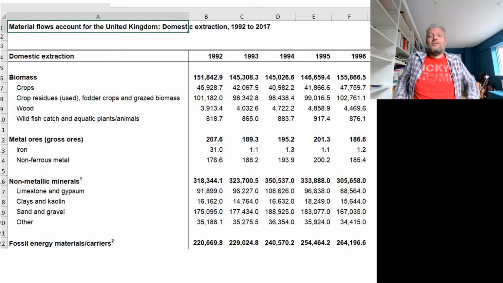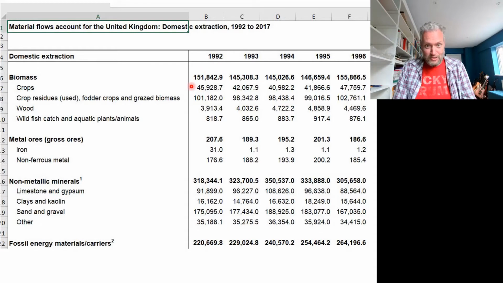The environmental accounts also contain the so-called material flows account, which is essentially an input-output table, but now in tons of stuff. Not measured in money, it is measured in tons. So if you look at biomass, this table tells you that in 1992, 46,000 tons of biomass were extracted from the environment in the form of crops.